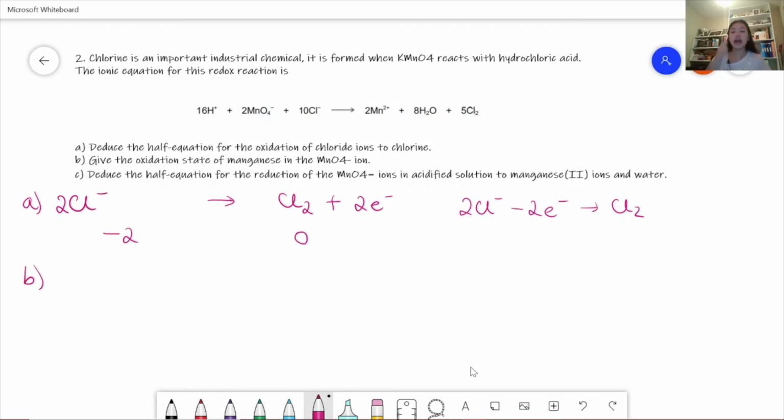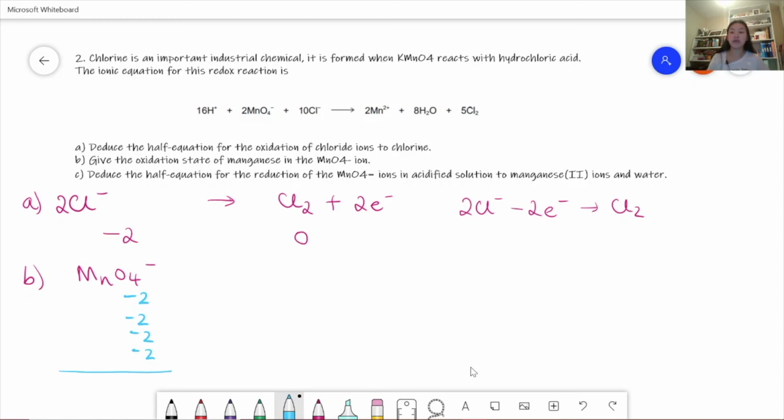And then for B, give the oxidation state of manganese in the MnO4- ion. So first thing you do is write out MnO4-, and then remembering one of our rules is that oxygen is nearly always -2. So we have -2 here, and we have 4 of them, so we have 4 -2s. And then we have an overall charge of -1, and we know that all the oxidation states have to add together to make the overall charge, which is -1.